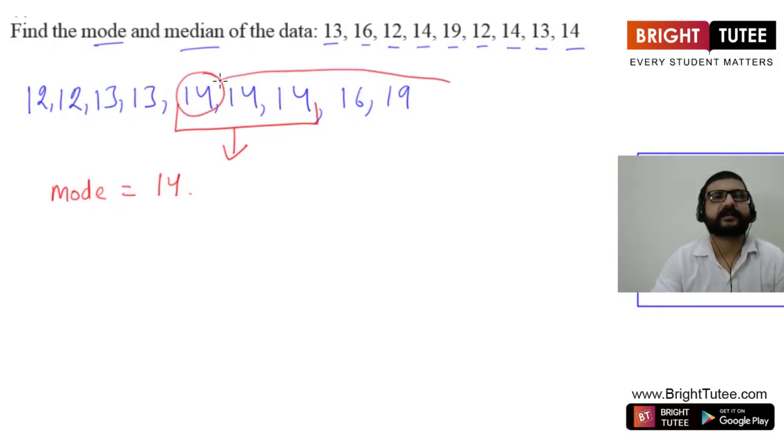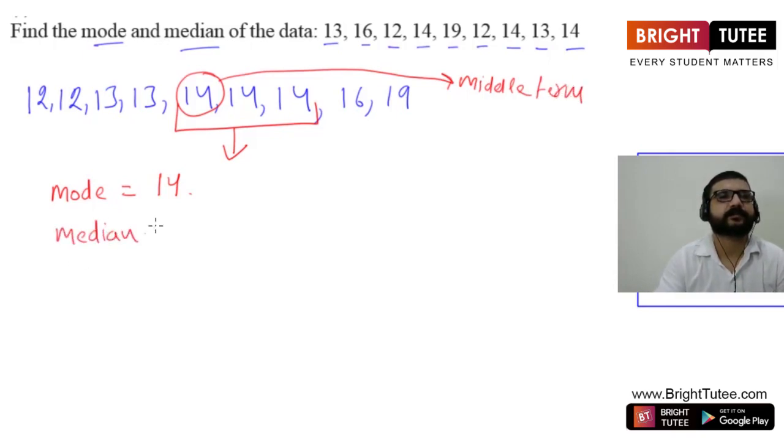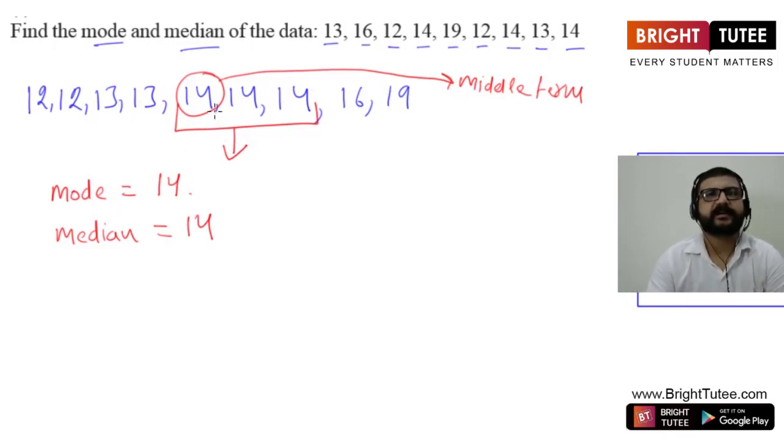This is the middle term of the data. Hence we can write that median is equal to 14.